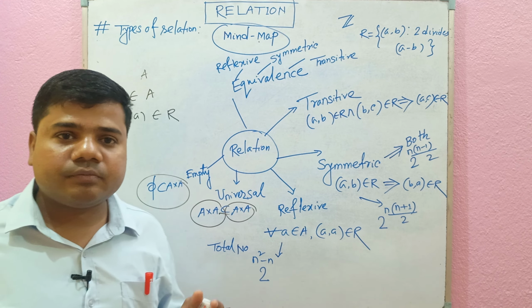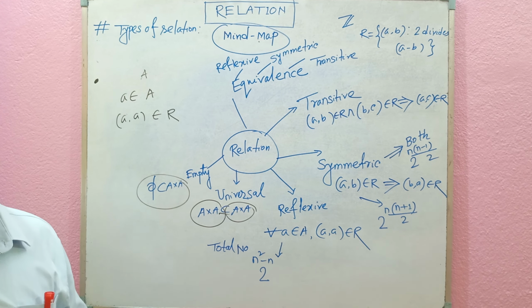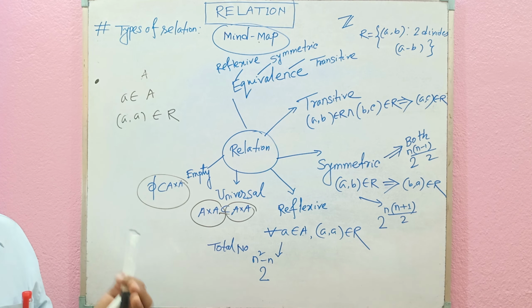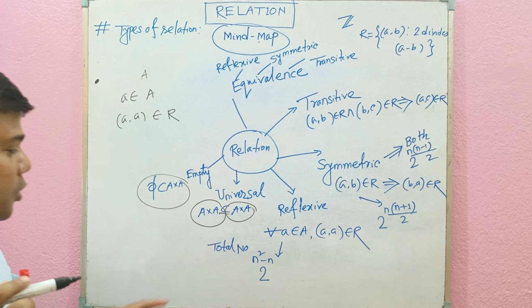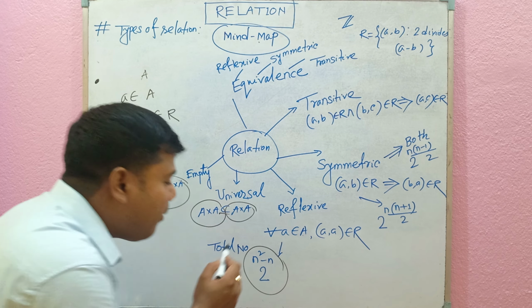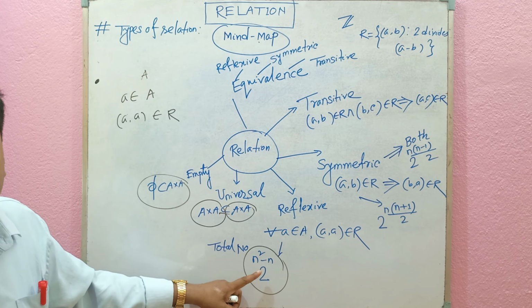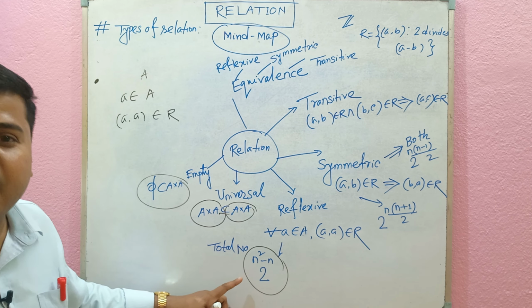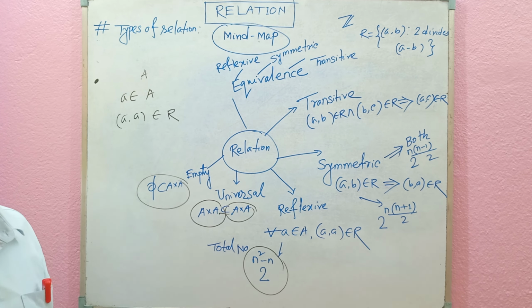A question may come to our mind: what is the total number of reflexive relations? The total number of reflexive relations on a set is 2 to the power n squared minus n, where n is the cardinal number of the set.